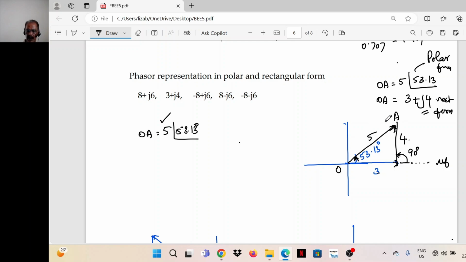That is phasor OA. Also, it can be expressed as 3 units in the positive x direction, that is the real part, plus move counterclockwise by 90 degrees and take 4 units, written as 3 plus j4. So this is called rectangular form and this is called polar form.